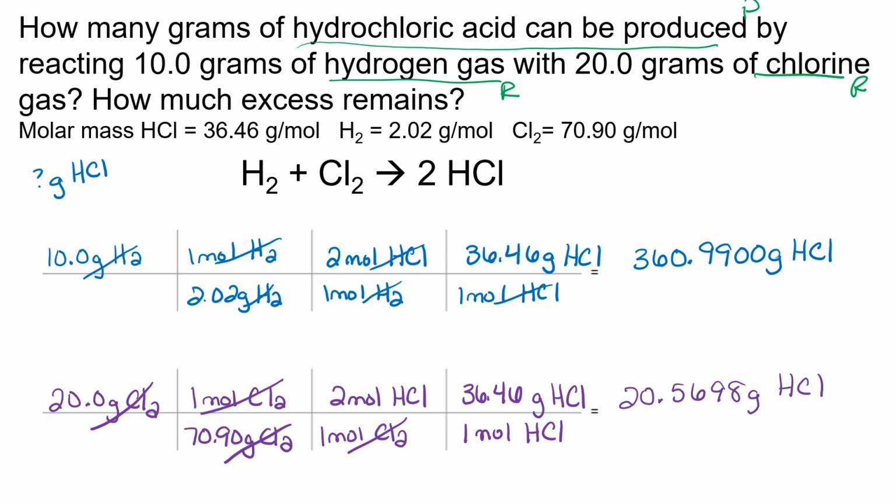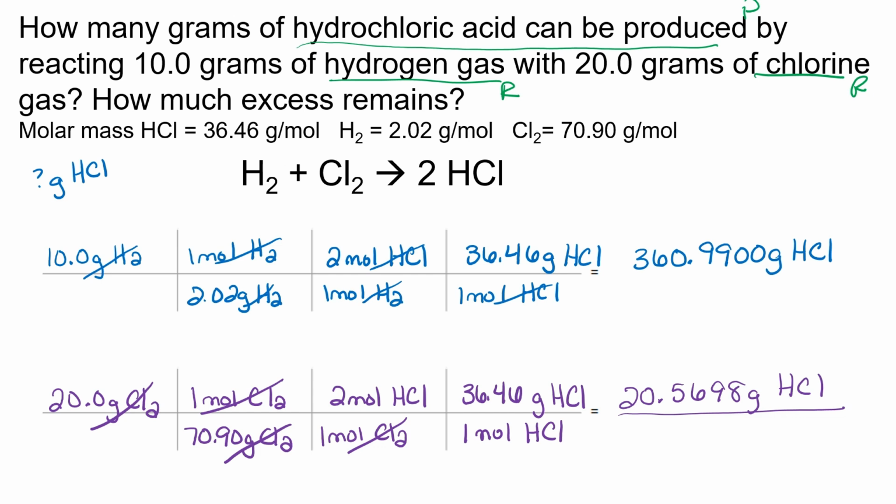So the one that gives me the least amount of hydrochloric acid is actually the one that had the larger mass. So you have to be really careful not to assume that the mass is going to tell you which one is in the higher amount and which one is in the lower amount, because that doesn't take into account mass or mole ratios or any of the other things that we need to look at.